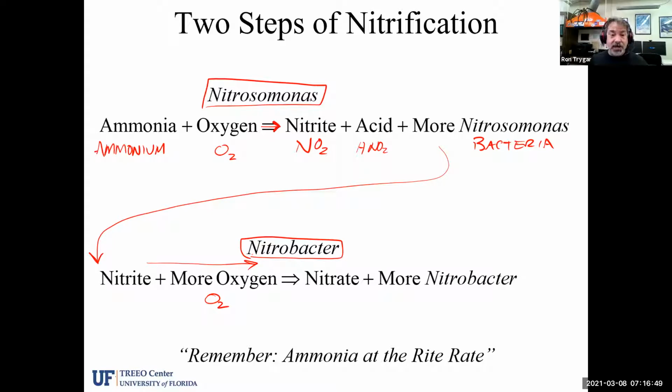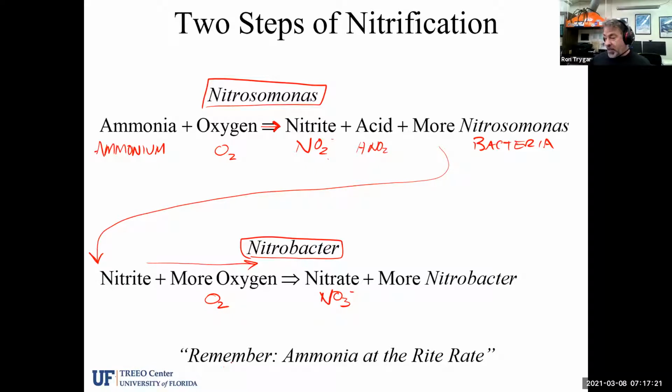Again, there are several subspecies of Nitrobacter, and there's a lot of these bacteria present in our mixed liquor that will do this form of oxidation of nitrogen for us into a product called nitrate. And we have NO3, with a little negative there because that's an ion, and we end up with more Nitrobacter. So if everything's working properly, we go from ammonium to nitrite to nitrate.